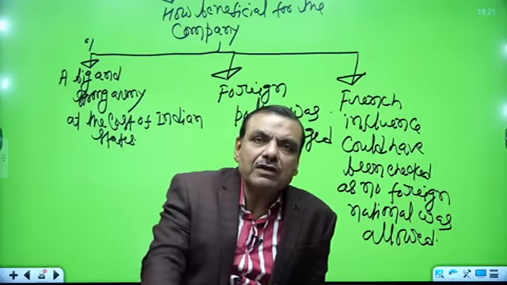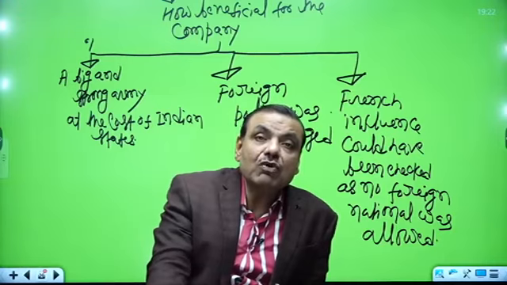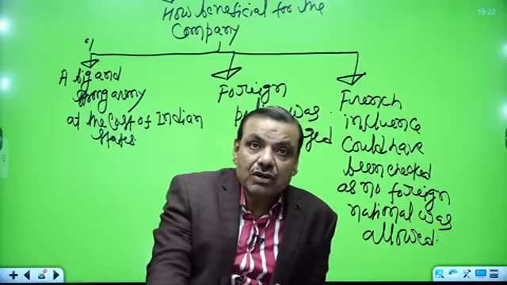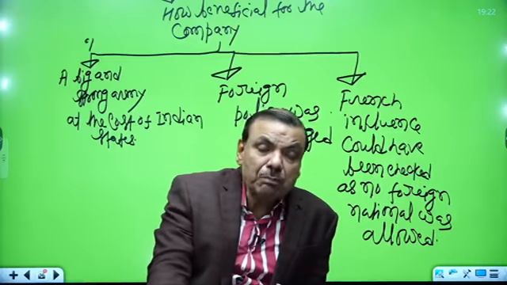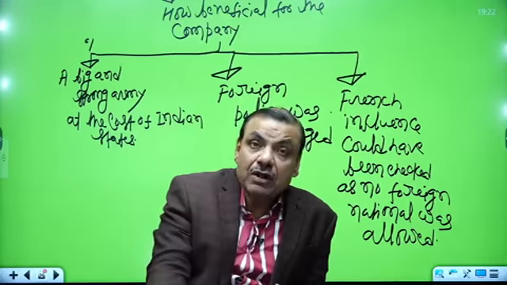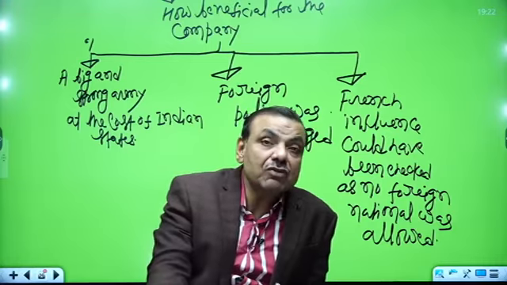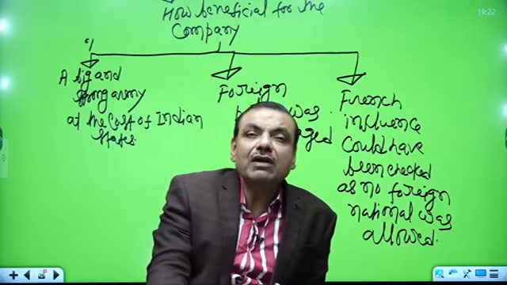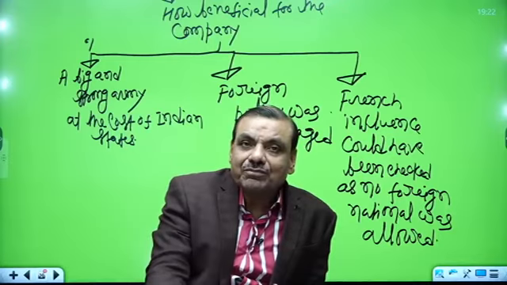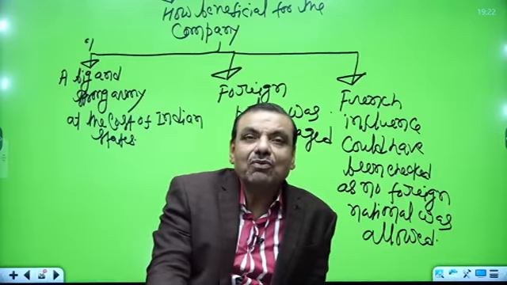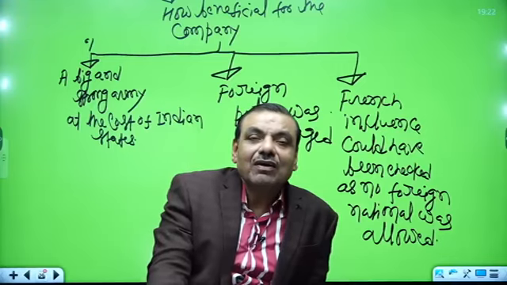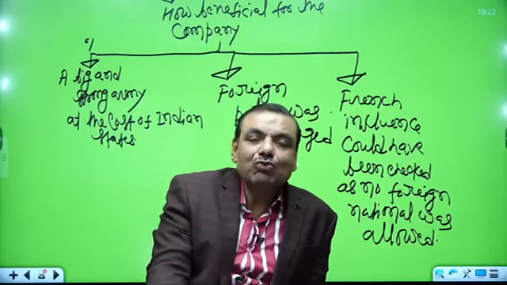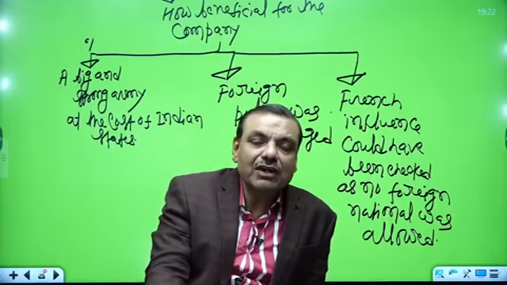And the third point, the foreign nationals were not allowed to be employed by the state concerned or the state who was bound through subsidiary alliance without the prior permission of the British company. So it almost became clear now French could not extend their influence.